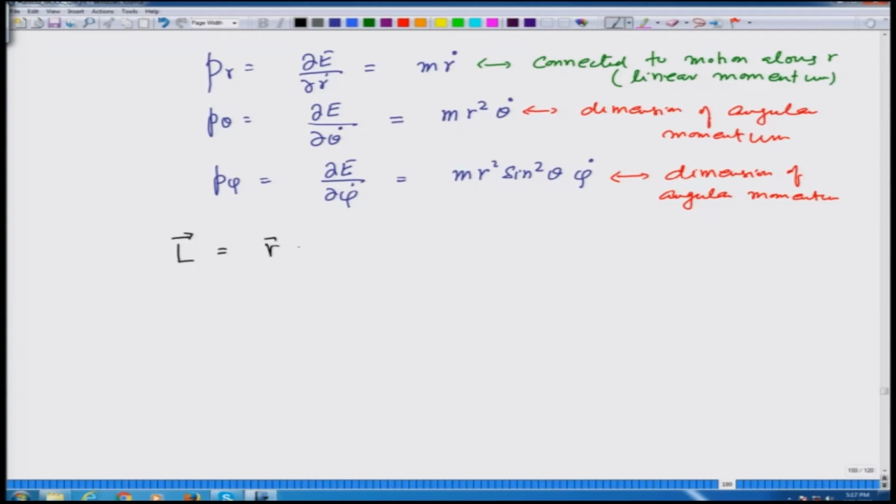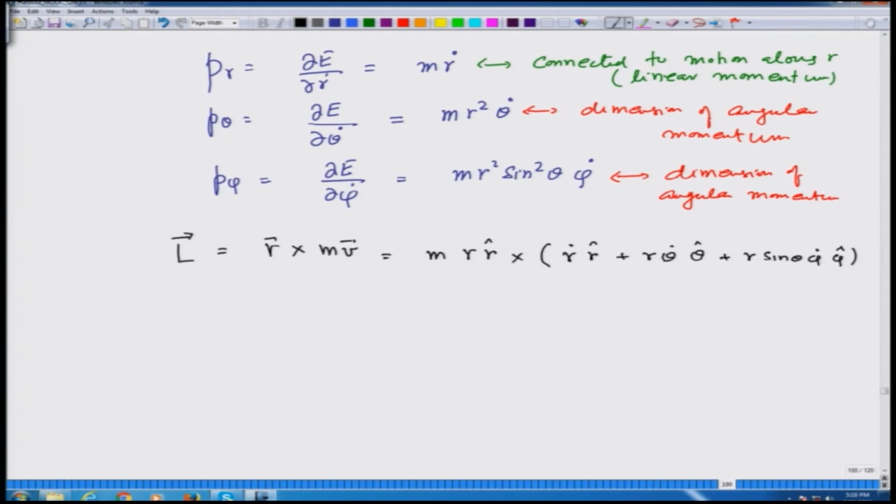This is r cross mv, which I can write as m, r r-unit-vector cross the velocity, which is r-dot r-hat plus r theta-dot theta-hat plus r sin theta phi-dot phi-hat.